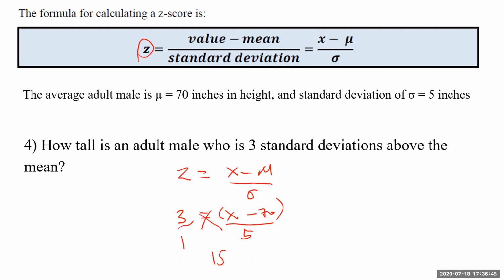We cross product from there. 15 is equal to x minus 70. So x will be equal to what? 15 plus 70, which is what? 85 inches. So that is how you find that.